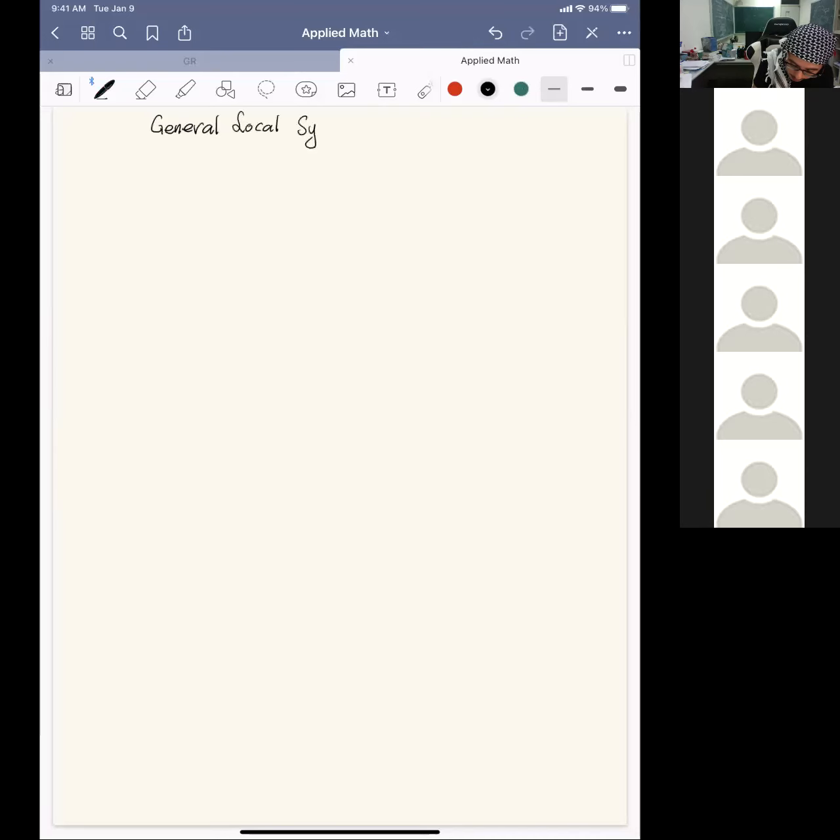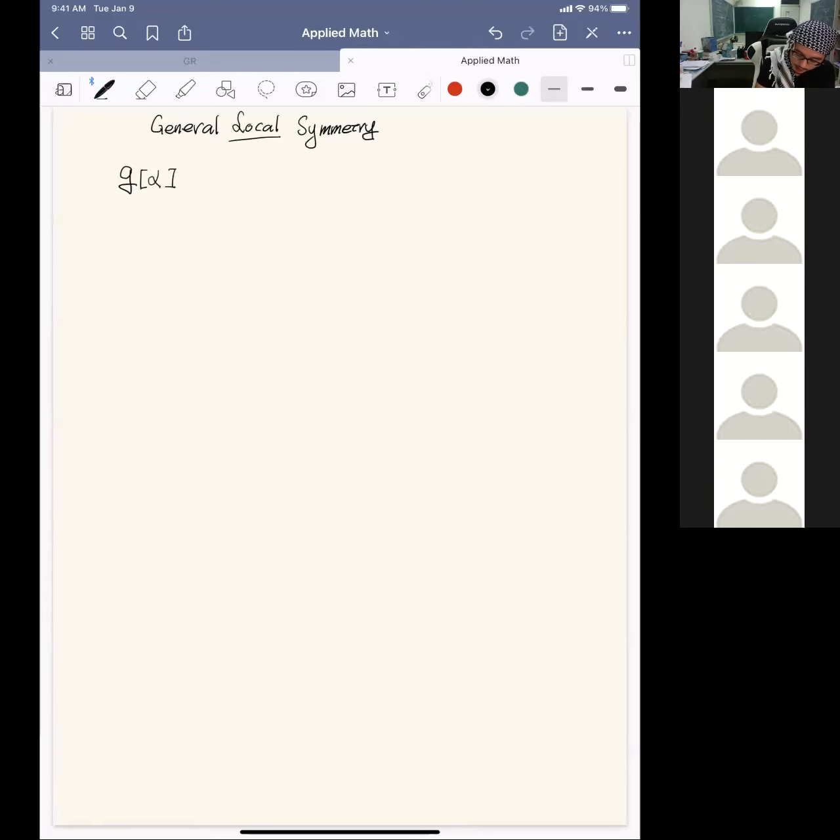What do I mean by general local symmetry? As you remember, when we talk about local symmetry, we have some symmetry transformation G, where G has some parameter, let me call it alpha, where alpha can be continuous.